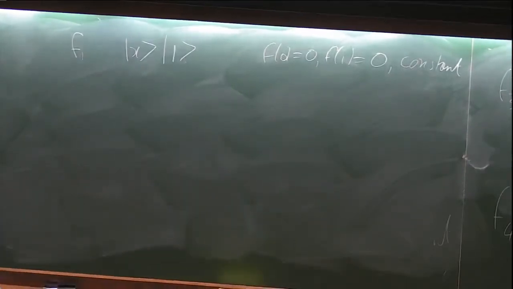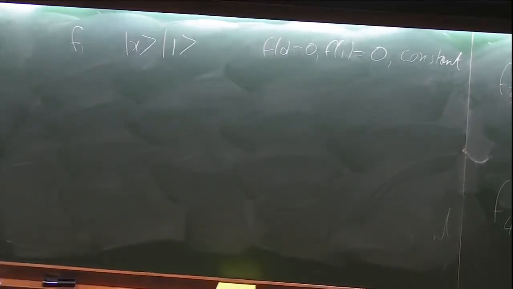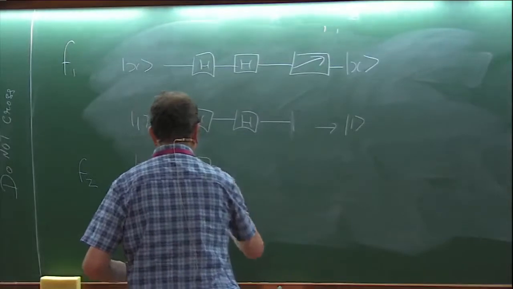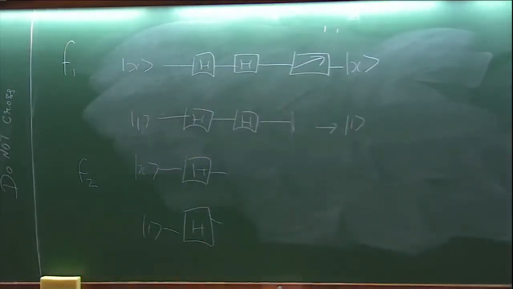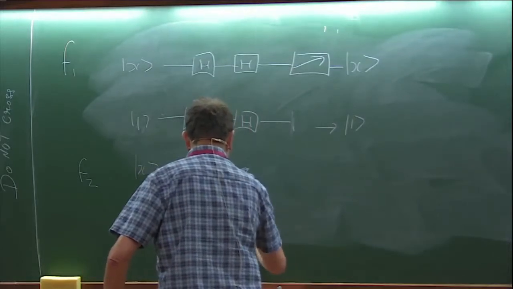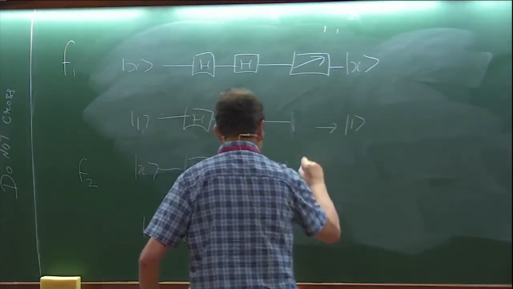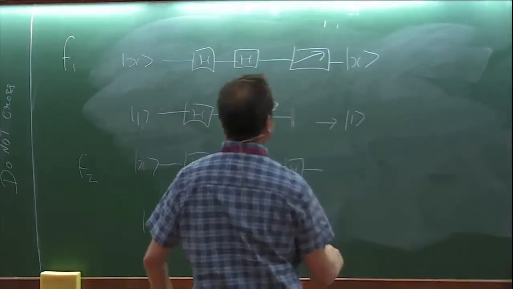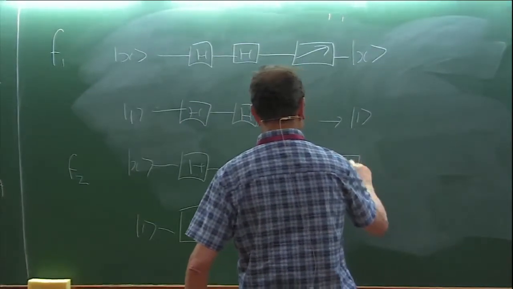So what about the function F2? We start again with x in the upper register, 1 in the lower register. We have an h, and we have an h, and then what do we have for F2? This was F2. It's just a control NOT. And then we do the measurement.